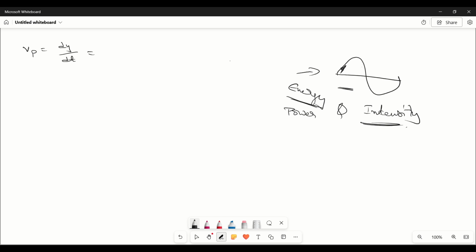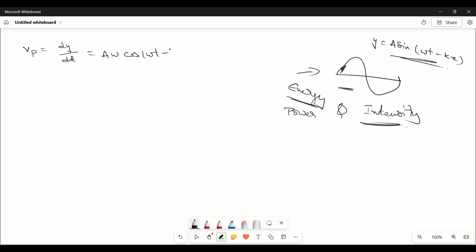On differentiating this equation, we get a omega into cos(omega t minus kx). This is the expression for particle velocity.